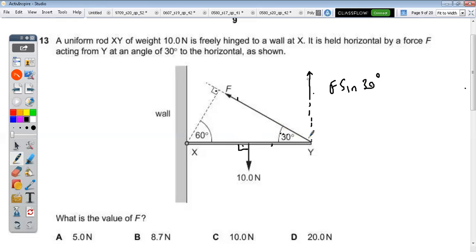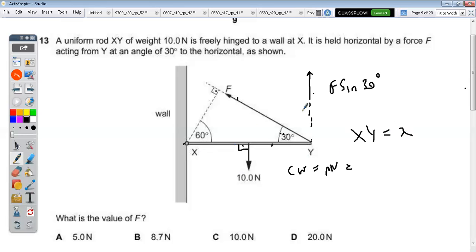So we now have this force like this. Then we say the clockwise moment is equal to the anti-clockwise moment. Let the distance be x.